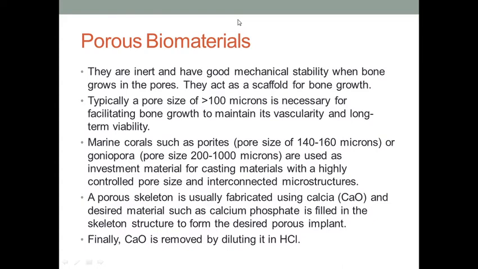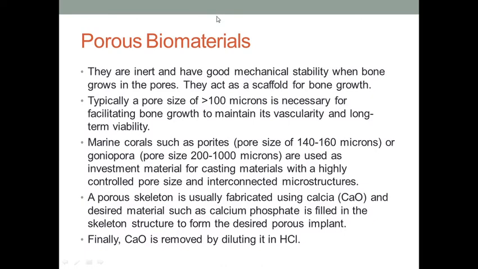So these are used as an investment material for casting the scaffold. So basically, these are used as a scaffold for the scaffold, if you mean what I'm trying to say. So they can actually facilitate controlled pore size and interconnected microstructure formation in your scaffold.